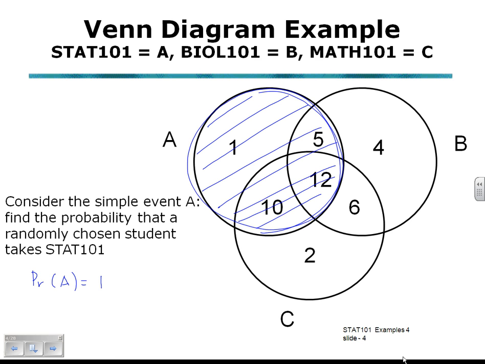Total number of students we have inside that circle, 1 plus 5 plus 10 plus 12, out of our possible 40 students, remember we had 40 students in total. So the probability is the number of outcomes we're interested in, that's 28 students out of a possible 40 students, giving a probability of event A of 0.70.